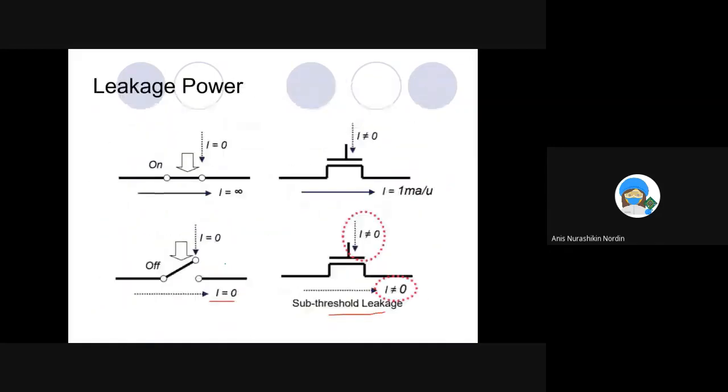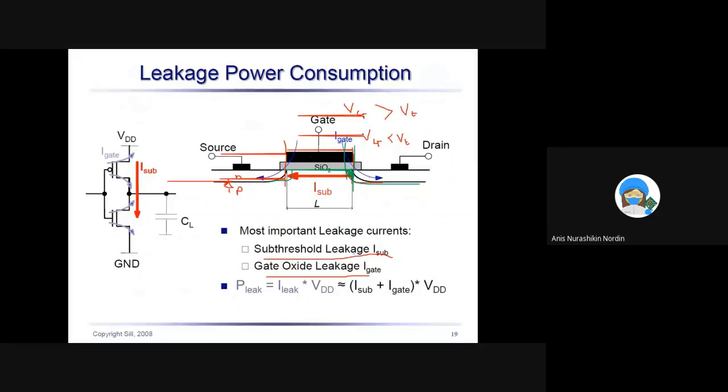As you have smaller and smaller technology, your drain and source will be closer and closer together. The channel will be small, so it is like the subthreshold current. It can still go through, and this is even more pronounced when the channel is even smaller.